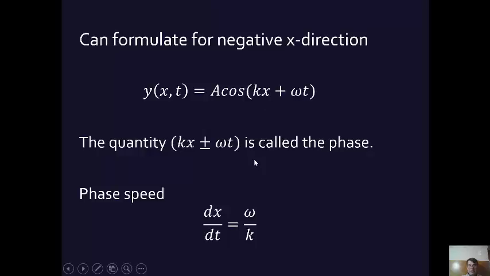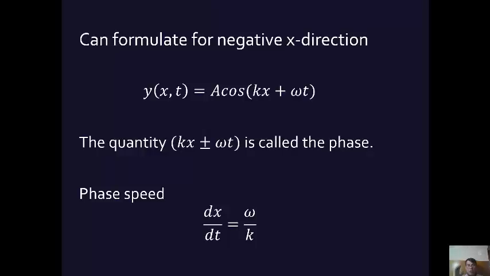And so if I take the derivative, let's say I have kx minus omega t equals a constant. So let's say that I take the minus omega t and I put it on this side of the equation. So then I have kx equals minus omega t plus a constant. Let's say I take the derivative of both sides. Well, I'm going to end up with k dx/dt on the one side, and then I'm going to end up with omega on the other side, because the derivative of a constant is 0, and the t goes away.